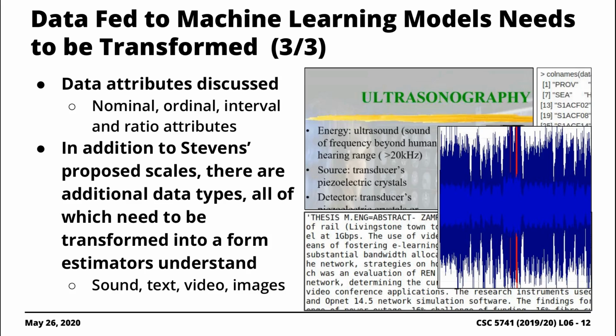Okay, but besides those data attributes that we discussed, just thought it would be important to make mention of the fact that there are in fact other data types that we get to work with whenever we are implementing or making use of these estimators. So we should keep at the back of our minds that there are also different types of data attributes, and specifically we're making reference to things like sound, text, video content, images, right?